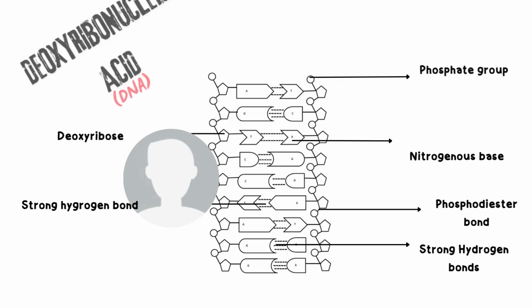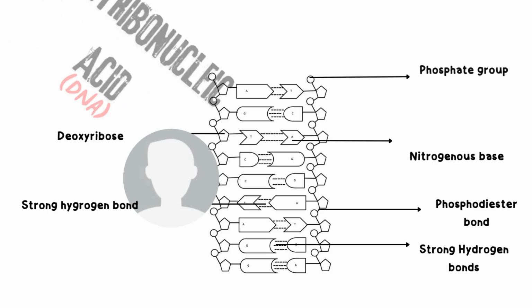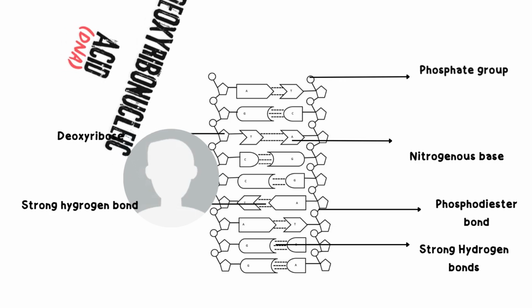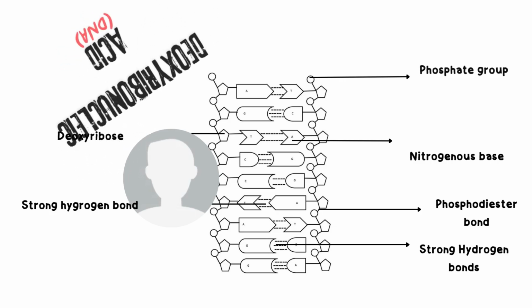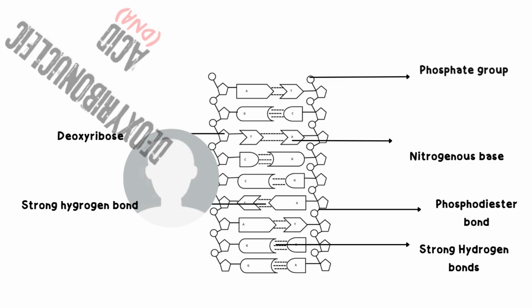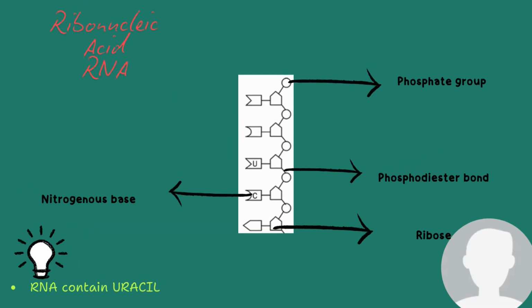Then we've got the phosphodiester bond. The phosphodiester bond is a bond that links two or more nucleotides. The nucleotides at the back are known as the sugar phosphate backbone, and that way we find our phosphodiester bond.